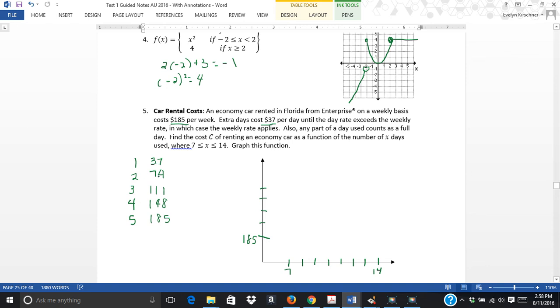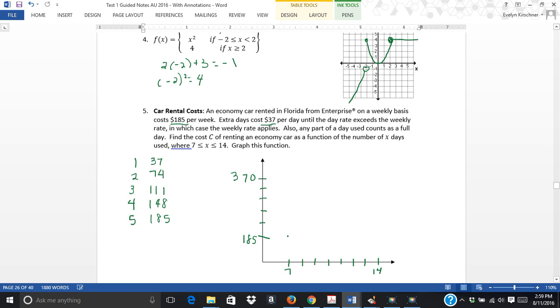So +1, +2, +3, +4, +5. 1 + 2 + 3 + 4 + 5, and this is going to be, so this is at 370. So from 7 to 14.